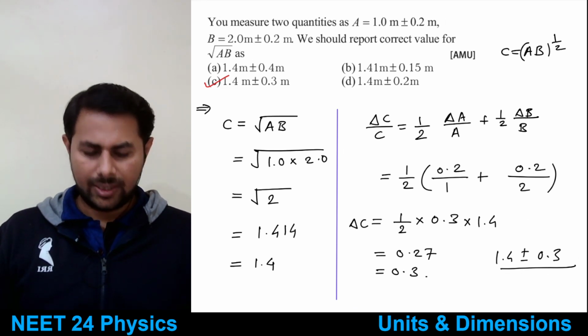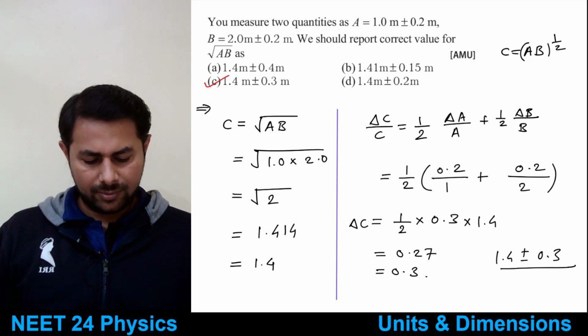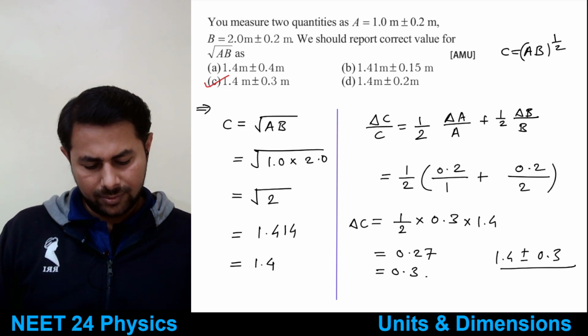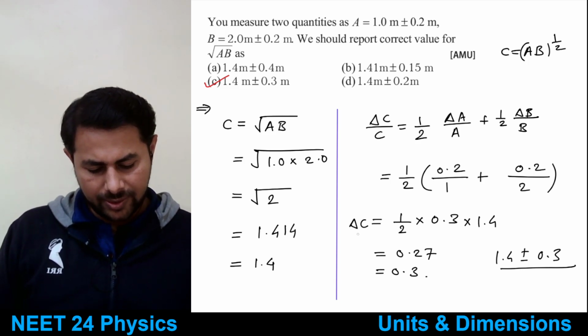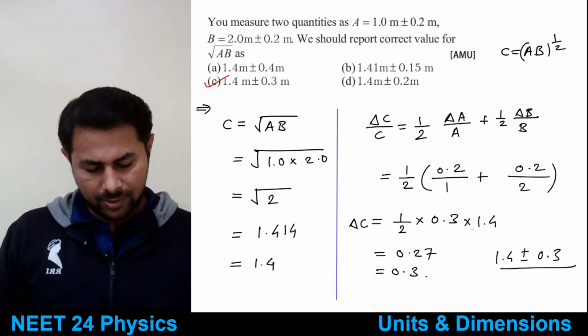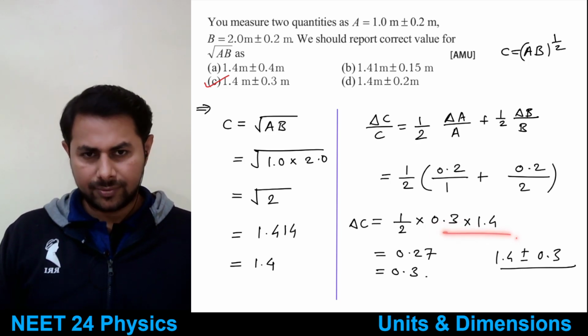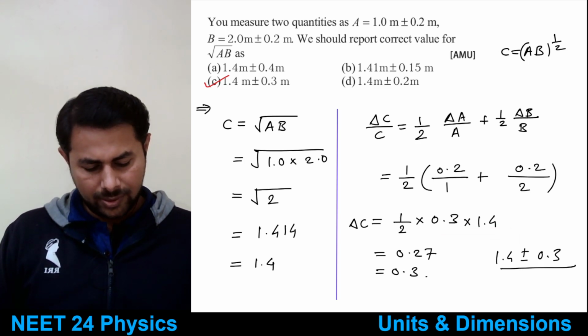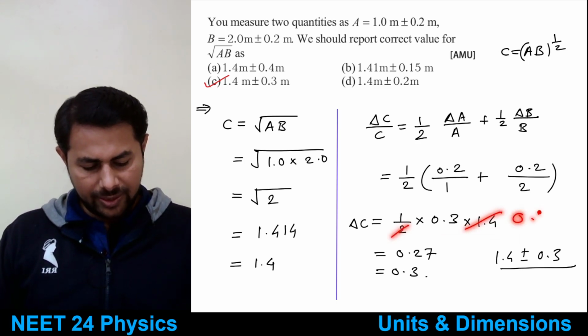Sir, delta C is equal to half into 0.3 into 1.4, no, sir? Half into 0.3 into 1.4, sir. If we cancel out with 2 means 0.7, sir. Yeah, 0.7.